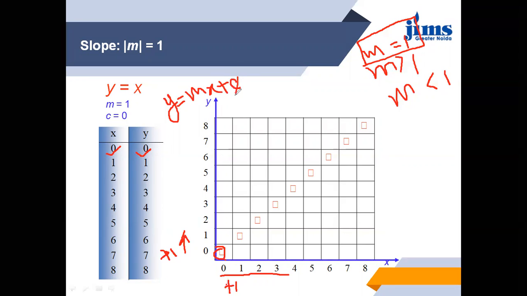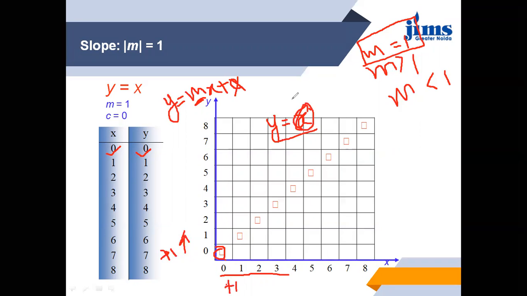The value of c is 0, so this is cancelled. The value of m is 1. So y equals x is the equation for the line when m is equal to 1. So the value of y depends on x, and this is exactly proportional.